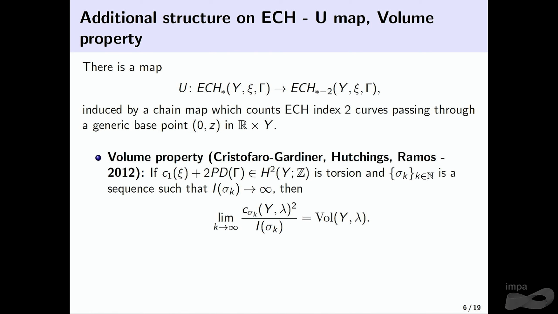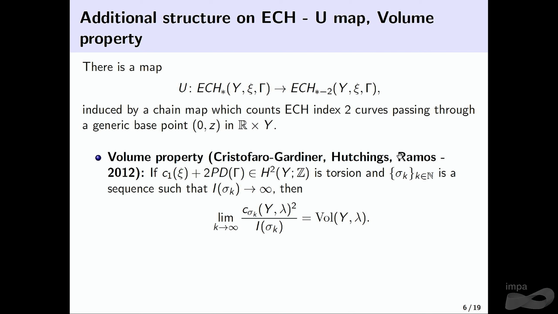If you have a torsion condition on this cohomology class, which is a condition that lets you define a grading on the homology, and you have a sequence of elements with grading going to infinity, you have this nice property: the sequence of ECH spectral invariants squared over the degrees recovers the volume.